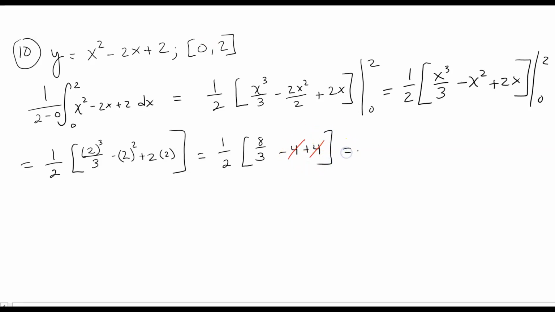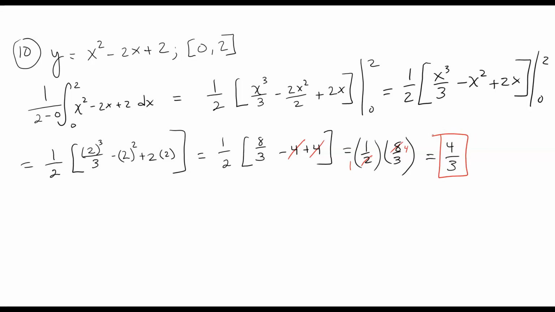And we end up with 1/2 of 8/3, which, if you reduce it, this becomes a 1, this becomes a 4, ending up giving us 4/3 as our final answer. So the average height of these rectangles here would be 4/3 units.